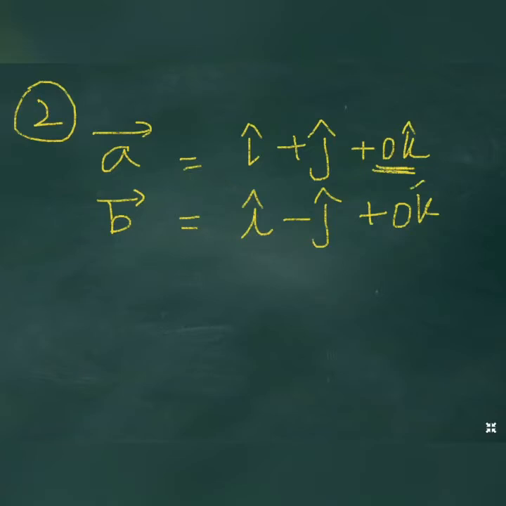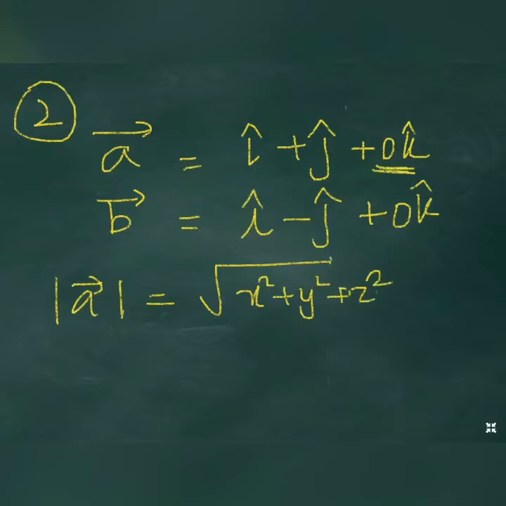Now if we write the magnitude of vector A, which will be under root x square plus y square plus z square, which will be equal to 1 plus 1 plus 0, which will be equal to root 2 units.